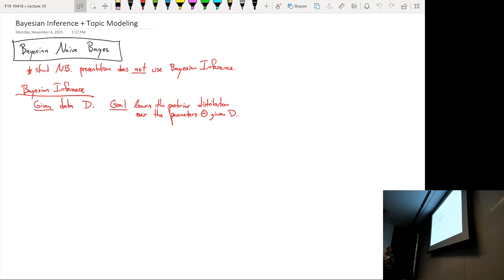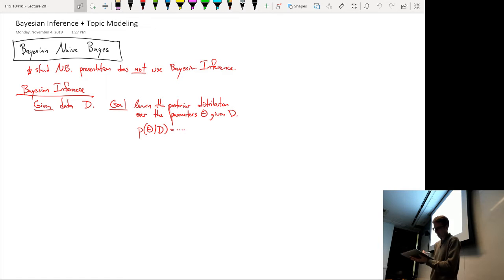I mean the goal is actually to learn P of theta given D and to figure out what that is. This is very different than what you're used to doing.